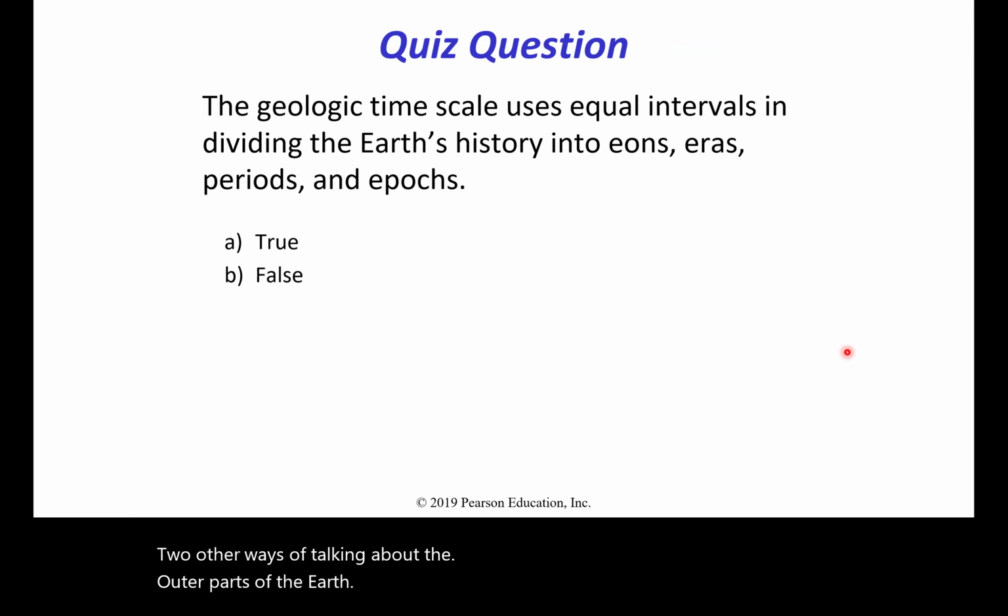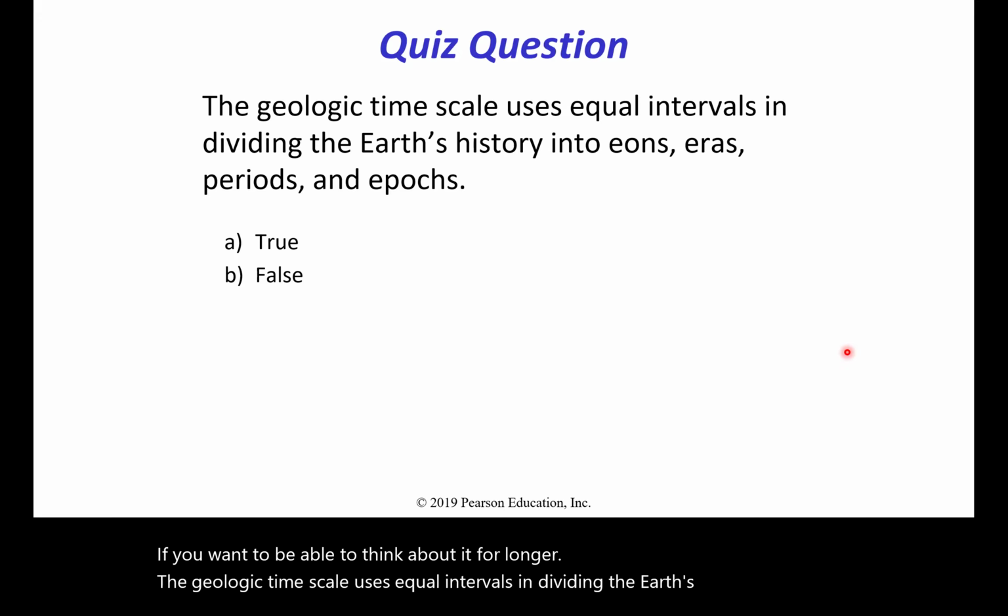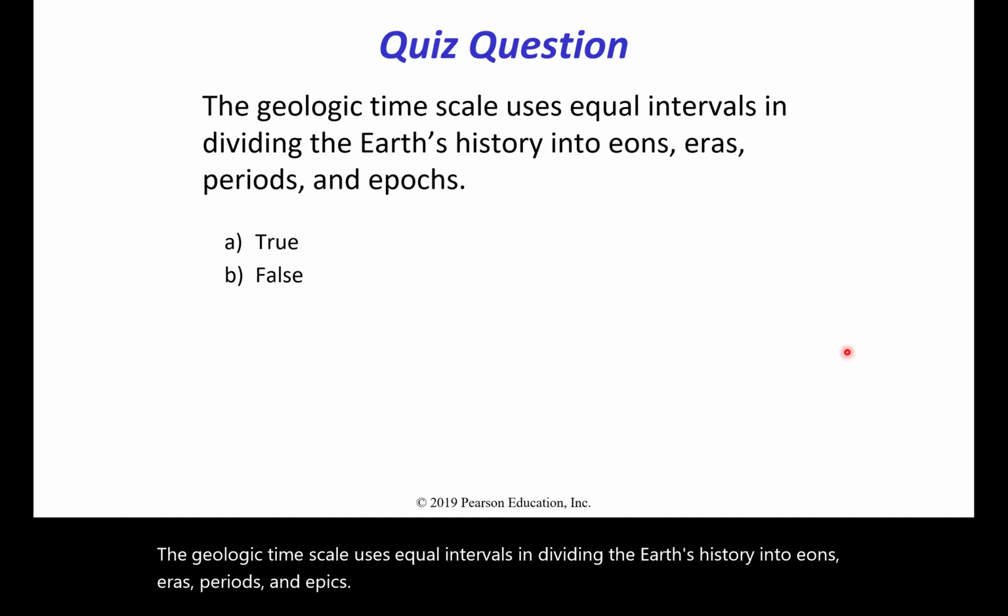So I have a quiz question for us, a review question. Remember, you can always pause if you want to think about it for longer. The geologic time scale uses equal intervals in dividing the Earth's history into eons, eras, periods, and epochs. Is that true or false?